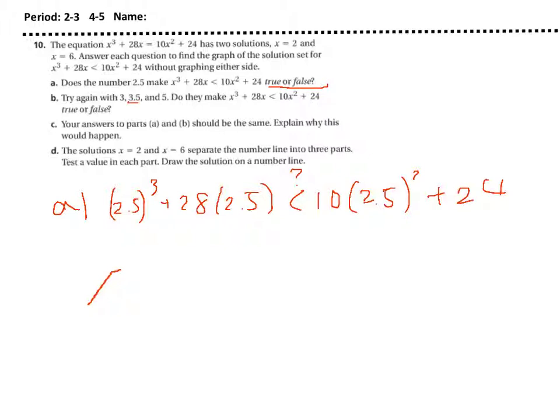Try again with 3.5 and 5. Do they make that true or false? Your answers to parts A and B should be the same. Explain why this happens. Okay, so this is pretty easy.